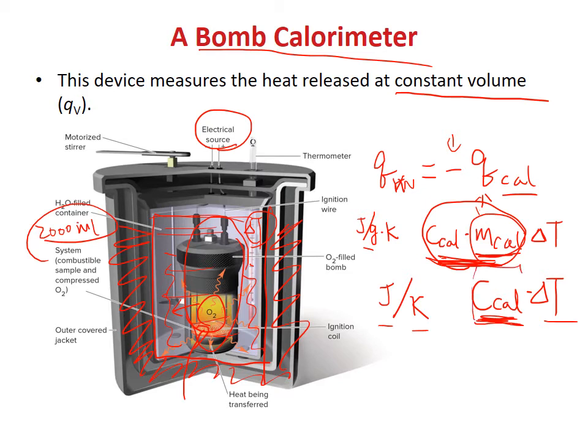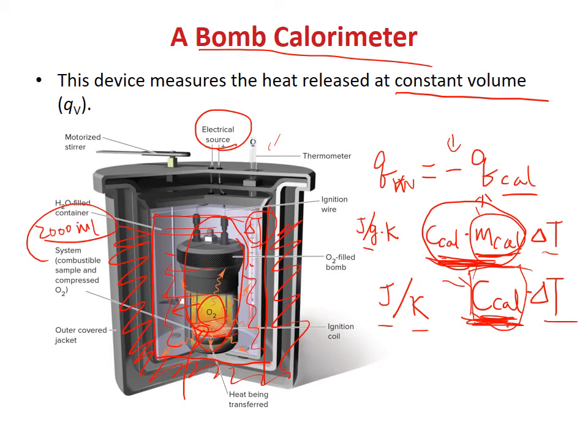Now the calorimeter heat capacity can be found by experiment. For example, you use a known compound whose heat you know, you measure the temperature change, and then you can find the heat capacity. That's called calibration. For a fixed calorimeter, the heat capacity doesn't change.